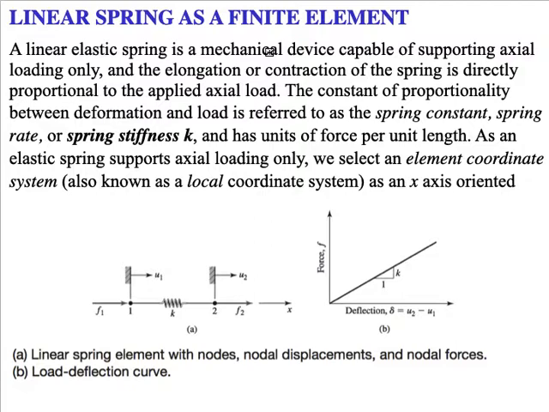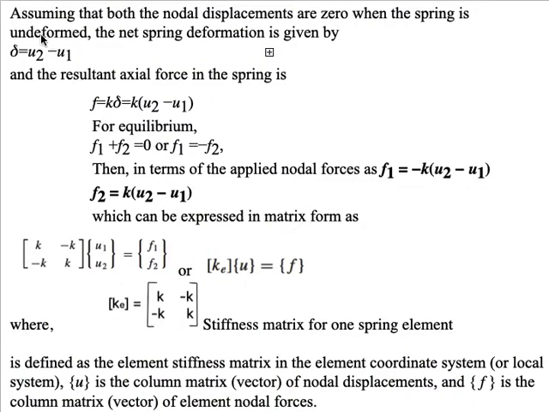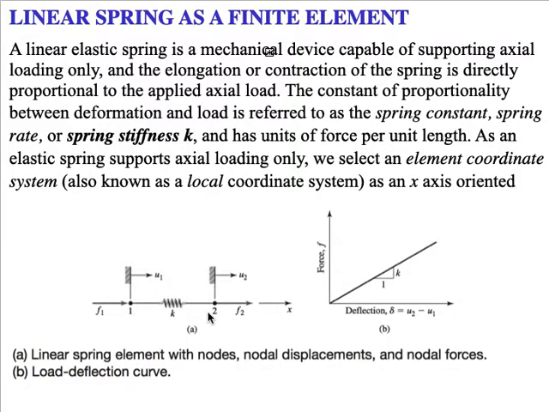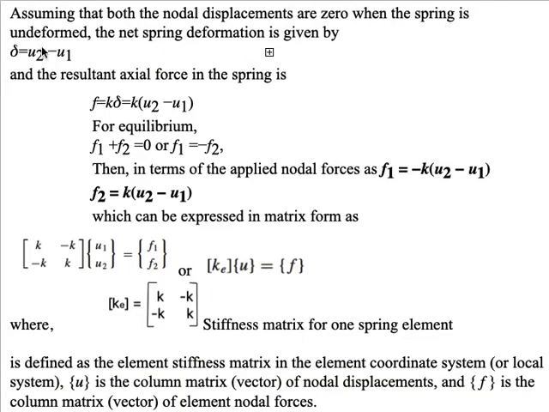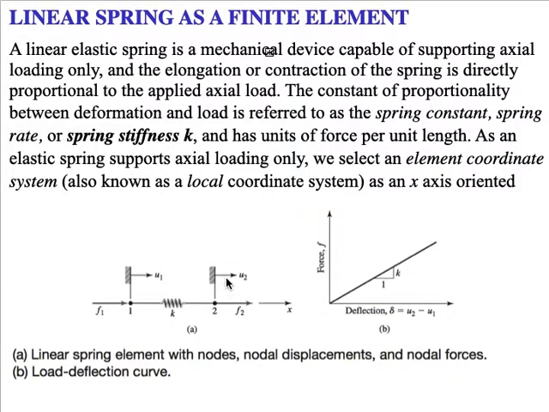Now, assuming that both nodal displacements are 0 when the spring is undeformed, the net spring deformation is given by delta equal to u2 minus u1, the change in displacement.